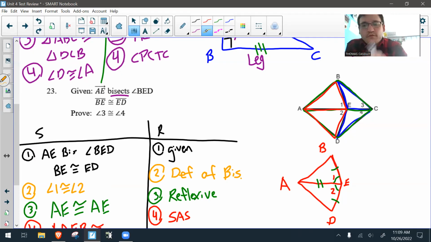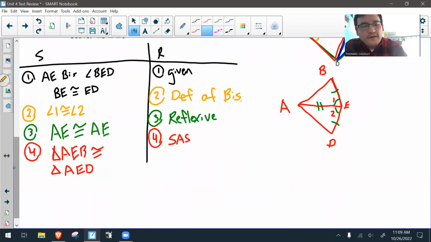We know, right, we showed the red ones were congruent. So why don't we say that these 2 angles that I'm drawing in orange, so angle BAE and angle DAE, those are congruent by CPCTC.